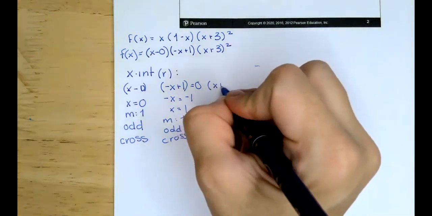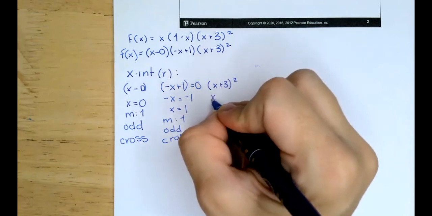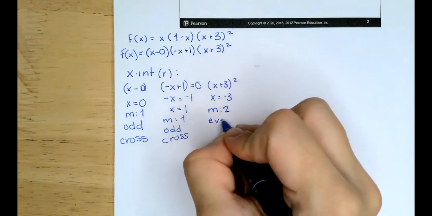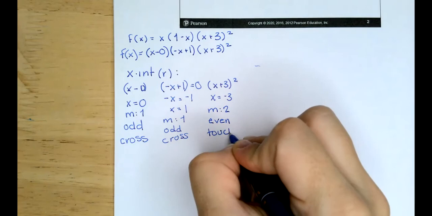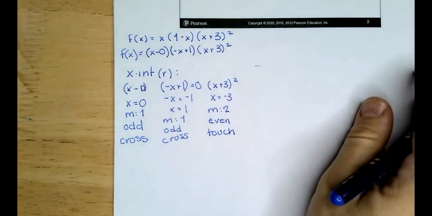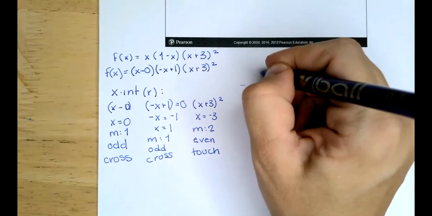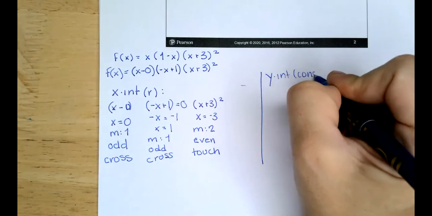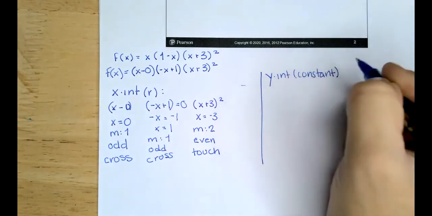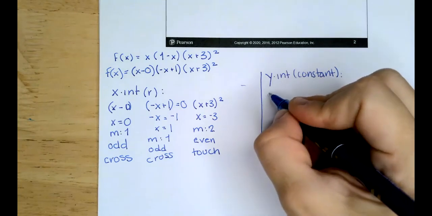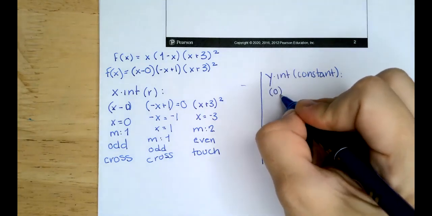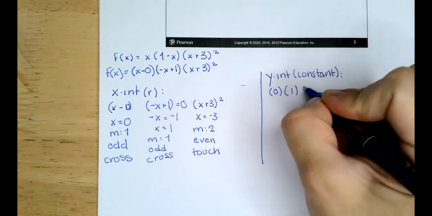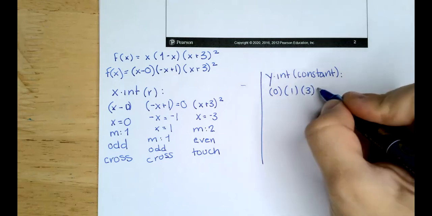And then here we have x plus 3 squared. x will equal negative 3. It'll have a multiplicity of 2. That's even, so it will touch. Okay. Our y-intercept, or our constant, is going to be 0 times 1 times 3.